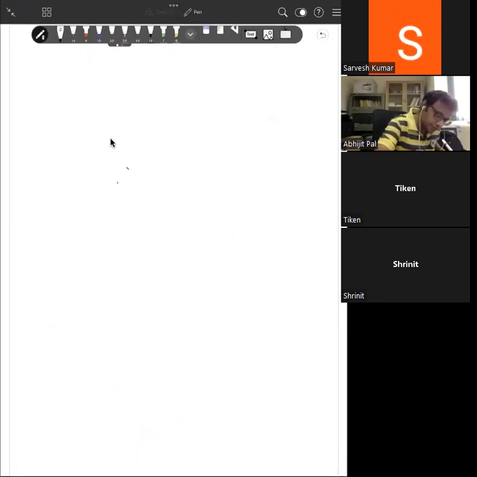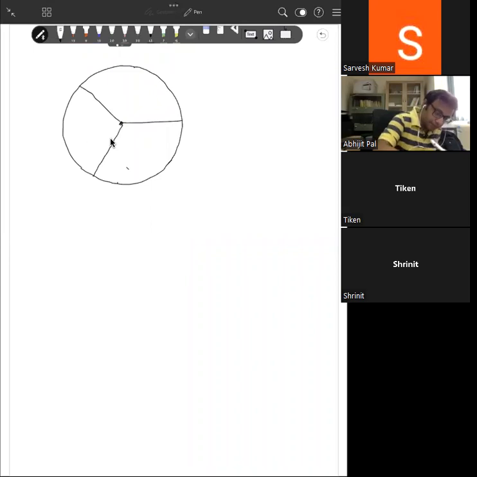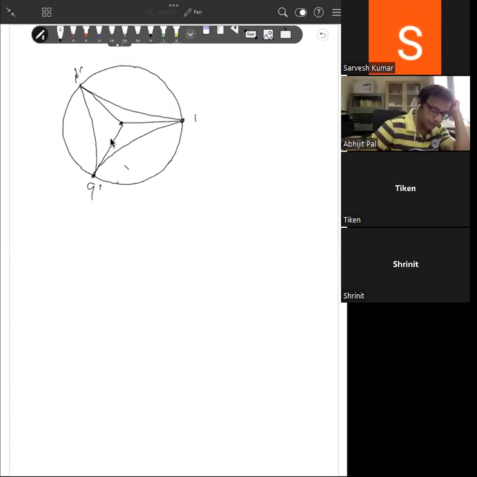Now you have this ideal triangle. Note that, due to symmetry, this length will be the same as this length, although the picture is a little bad.